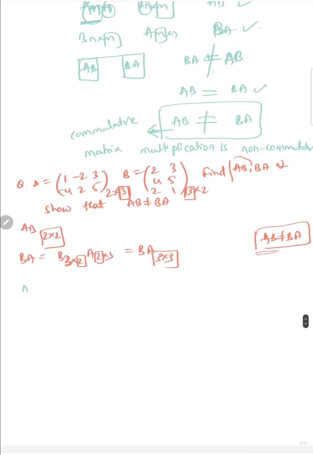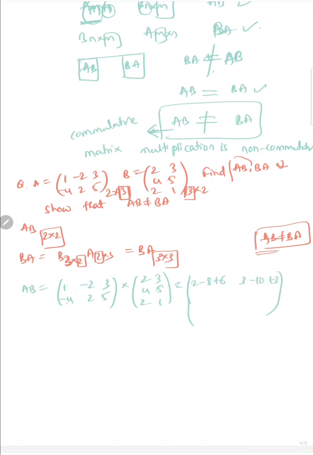Now AB is equal to [1 -2 3; -4 2 5] times B, which is [2 3; 4 5; 2 1]. Multiplying the first row with the first column, 1 into 2 is 2, -2 into 4 is -8, 3 into 2 is 6. The first row with the second column, 1 into 3 is 3, -2 into 5 is -10, 3 into 1 is 3.